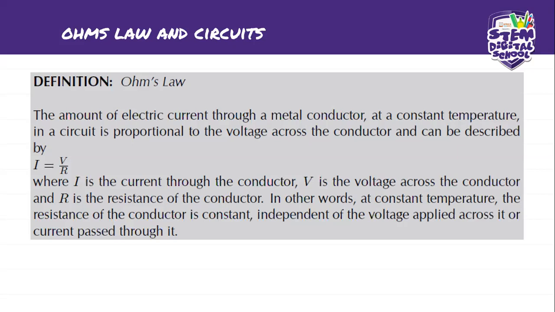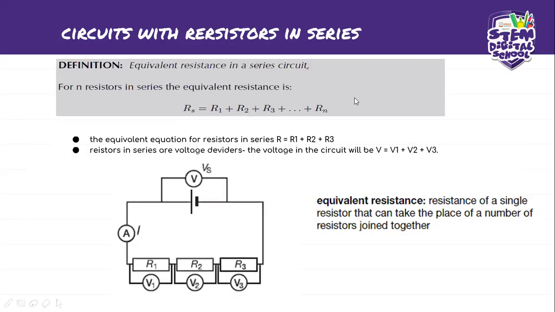In other words, at constant temperature, the resistance of a conductor is constant, independent of the voltage applied across it or the current passing through it. Those are just small definitions.